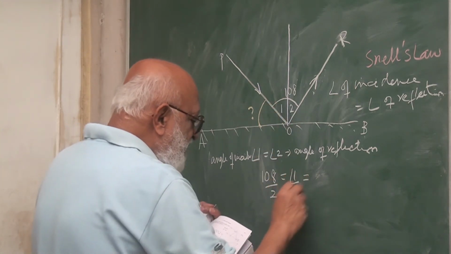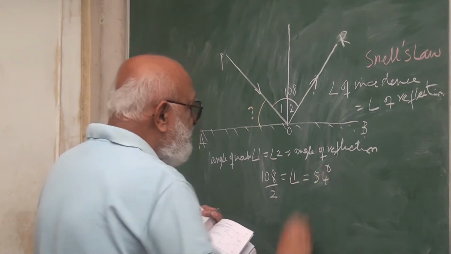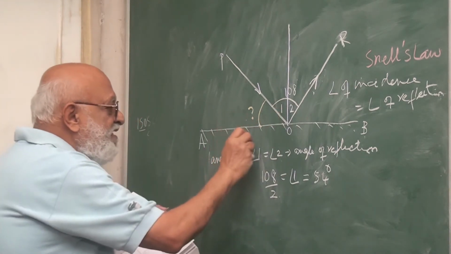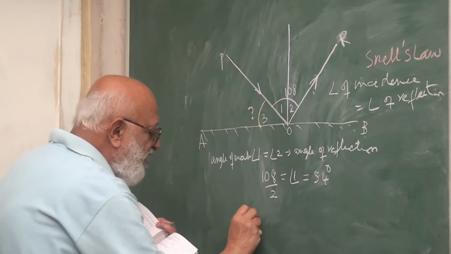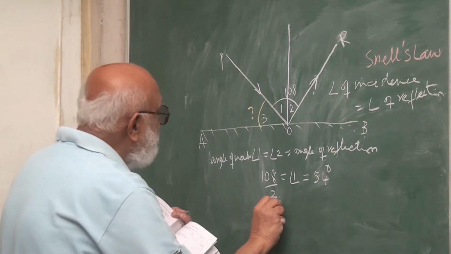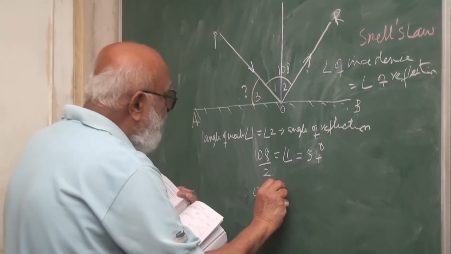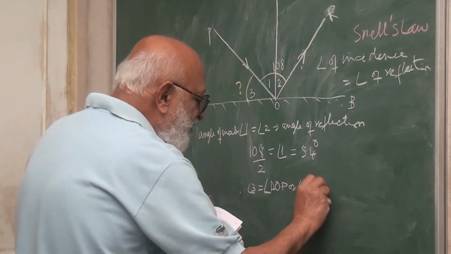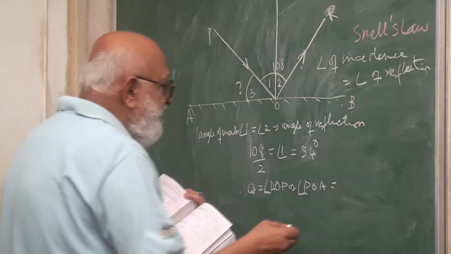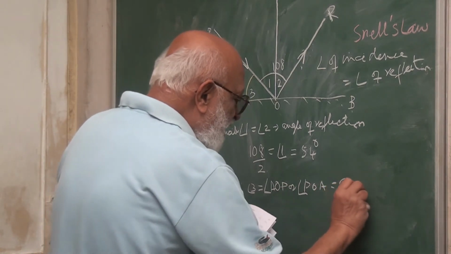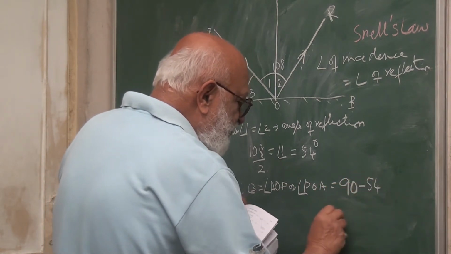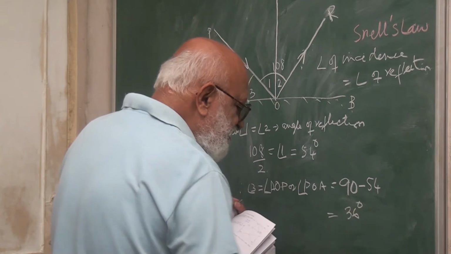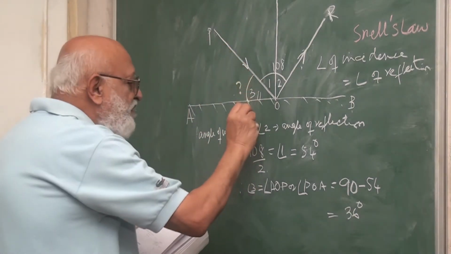That is equal to 54 degrees. If I have that 54 degree angle 1, then this angle, let us call it 3. Therefore, angle 3, that is equal to AOP, or angle POA, would be equal to 90 degrees minus 54 degrees, that would be equal to 36 degrees. Right? So this angle is equal to 36 degrees.